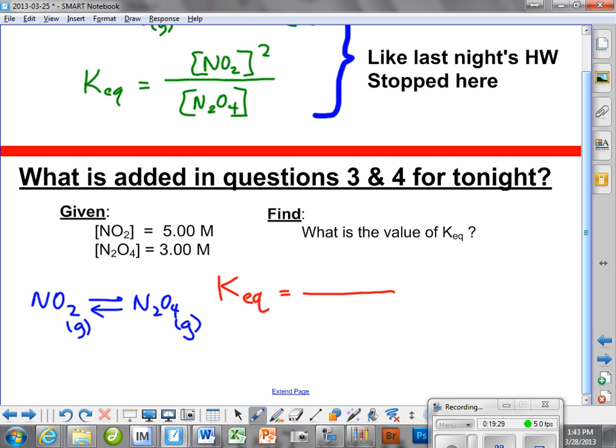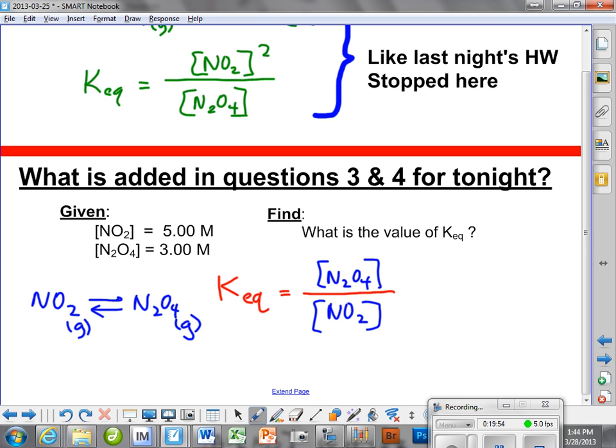It's homogeneous, there's no liquid, no solid. So we have the reactants on the bottom, the NO2. We have the product on the top, N2O4.